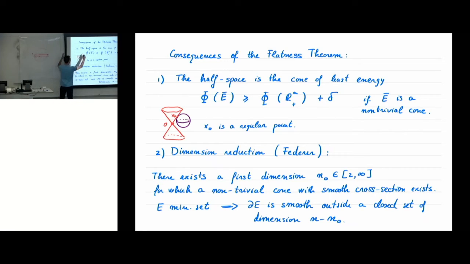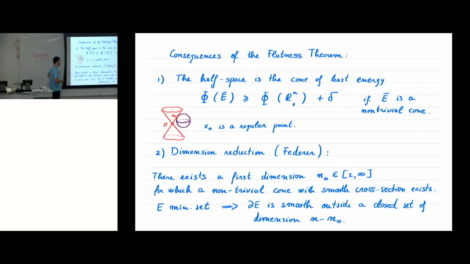However, one of them remains constant when I zoom in, and one of them is going to be monotone. So when I come from infinity, I see pretty much the energy of E bar from x0, but when I zoom in, I end up with the energy of the plane. So there is an inequality between them. This is a classical argument. So half planes have the least amount of energy.